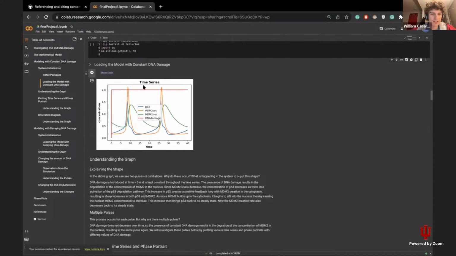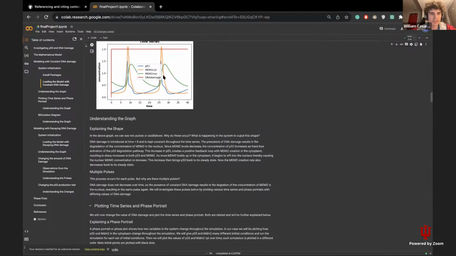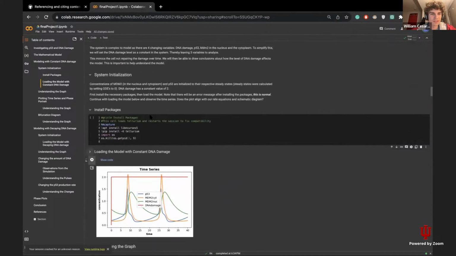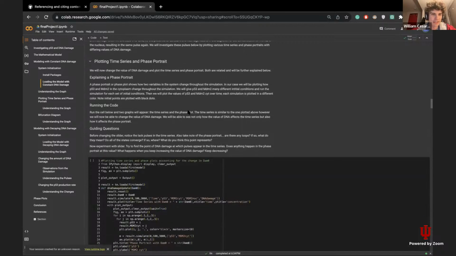So it made more sense to just run the model and plot the constant DNA damage, and then it shows two pulses. Since this is the first time the user is seeing these pulses, I wanted to make it simple and explain to them what they were.